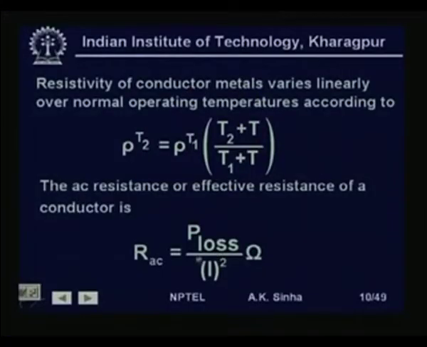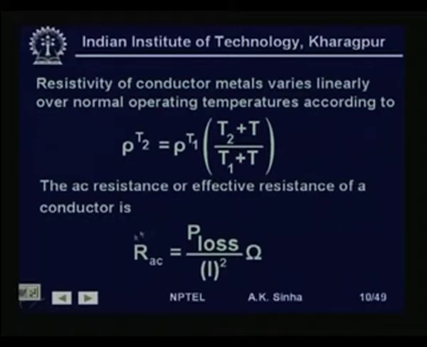Therefore, to get the actual or effective resistance of a conductor working under an alternating current system, we find it experimentally by finding out the loss in the conductor, and therefore resistance as loss divided by I square, because we know I square R is the loss which takes place in the conductor.